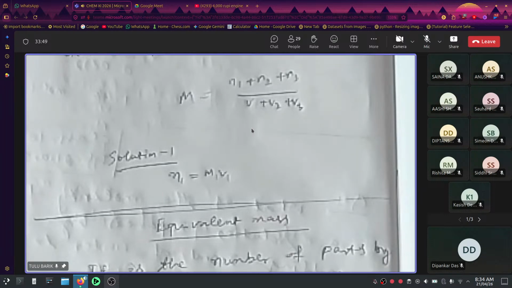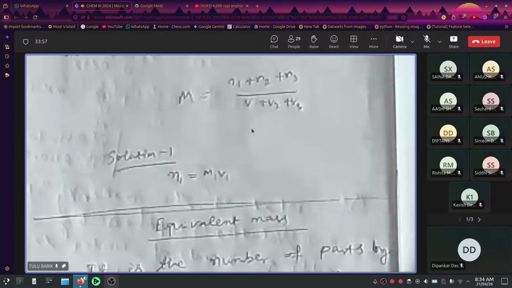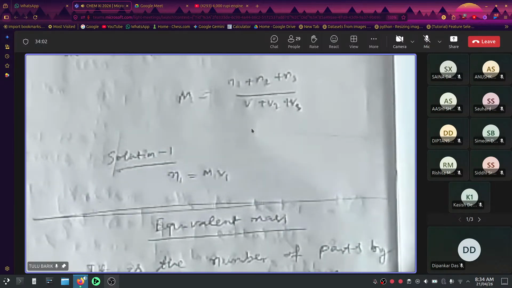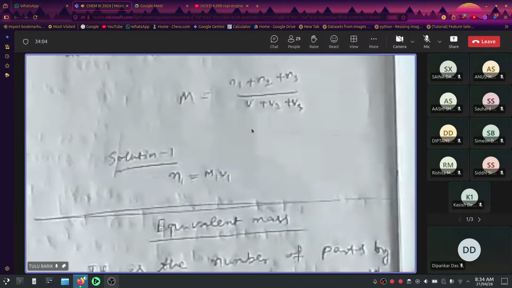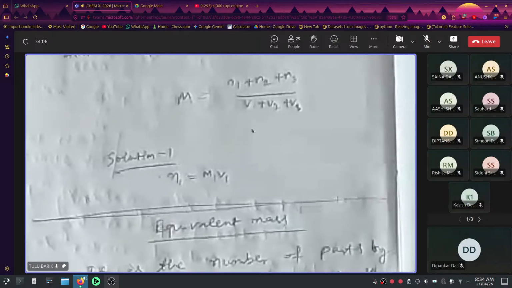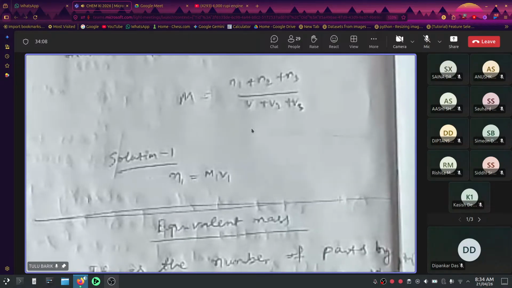It is the number of parts by mass of an element that combines with or displaces. You can add one more term after displaces: directly or indirectly. Okay, all of you add it.